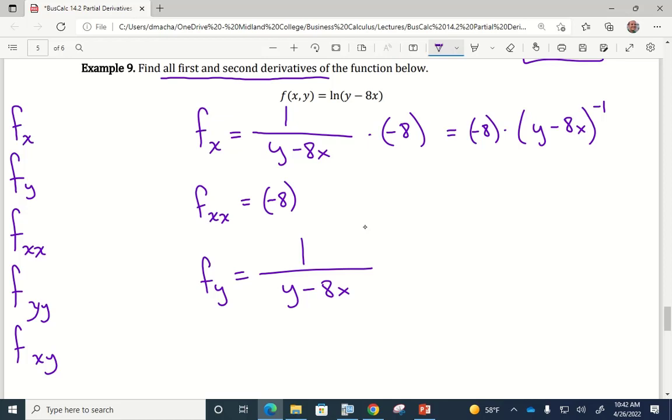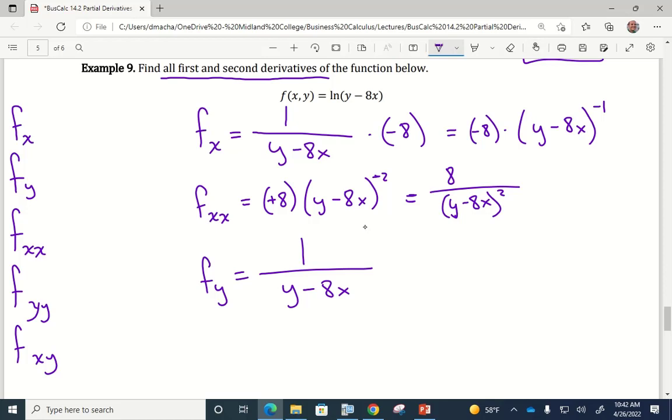And so my power rule would tell me to bring down that negative 1 in front. So instead of a negative 8, that would make it into a positive 8 when I multiply by negative 1. And then I make that exponent into a negative 2, because the derivative power rule is that you subtract 1 from your exponent. So this would be something like 8 divided by y minus 8x all squared.